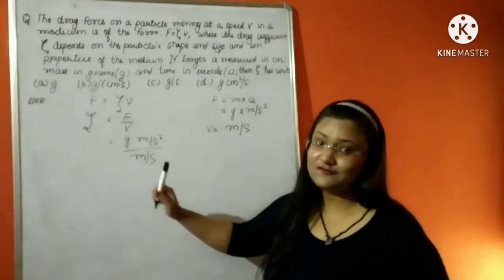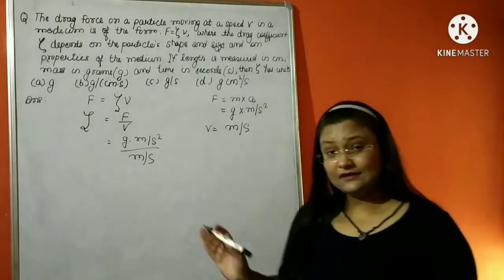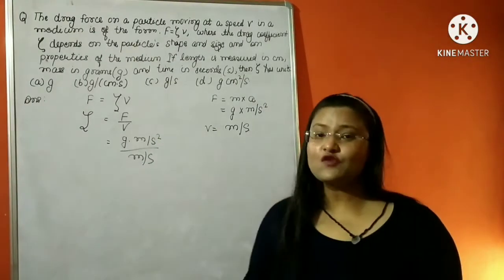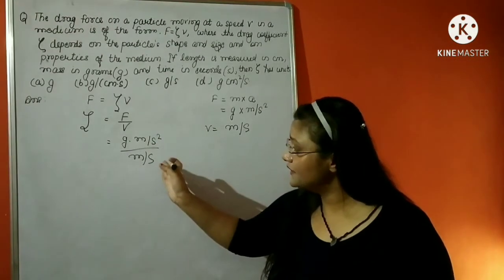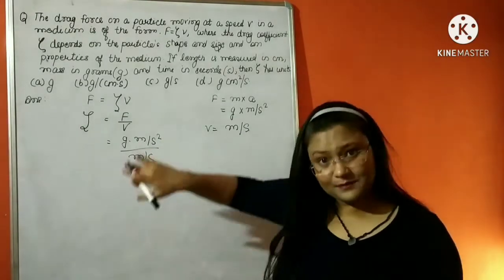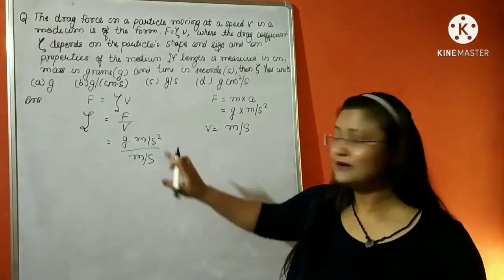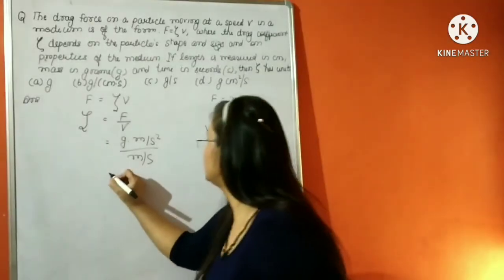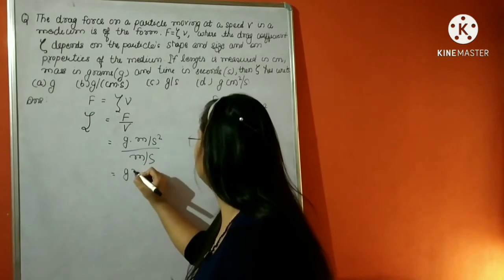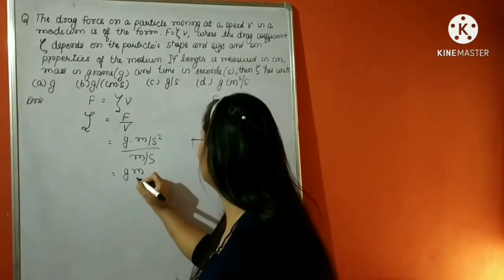Now we have a fraction in the denominator. If we want to bring it to the numerator, then what we do is we reciprocate the values, and here we put multiplication sign. So let me show you how we do that.